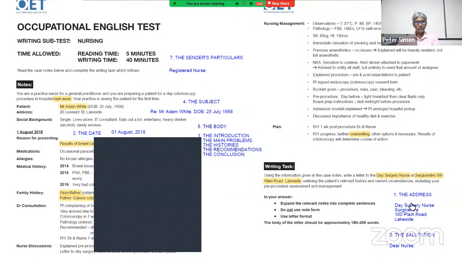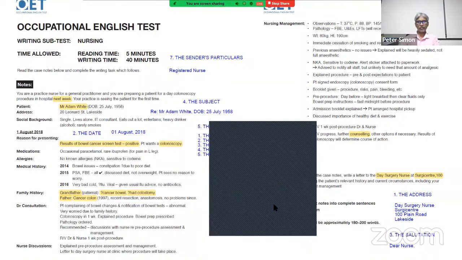The name of the patient, the presenting complaint, number three, the purpose.